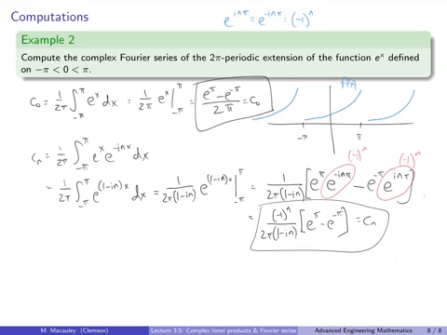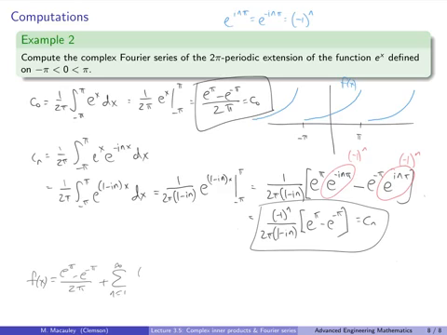So we can write our complex Fourier series as f of x. It helps to write it with c naught separated, which is e to the pi minus e to the minus pi over 2 pi, plus the infinite sum from n equals 1 to infinity of this creature.